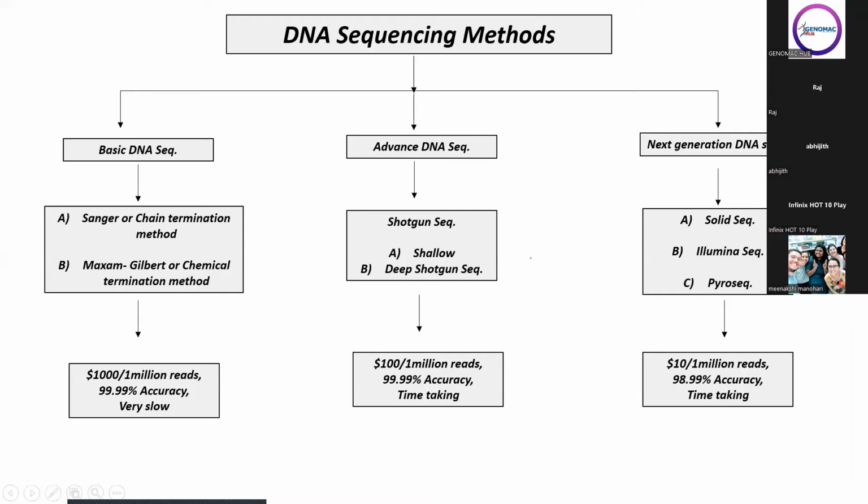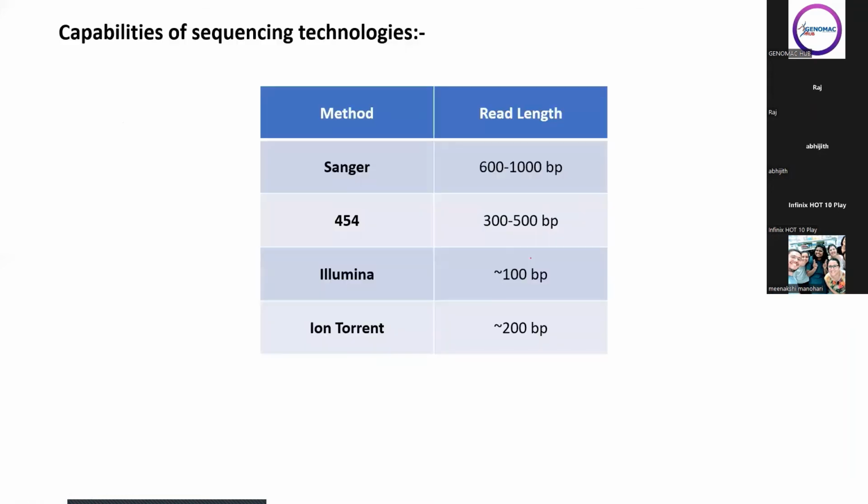And for next gen sequencing, Illumina is around $10 for 1 million reads. Among all these three, the highest accuracy you will get is from the basic technology, 99.99%. It's very accurate, but very slow. The advanced technology is accurate, but faster than the basic technology. Next gen sequencing technology is less accurate, but also less time taking.